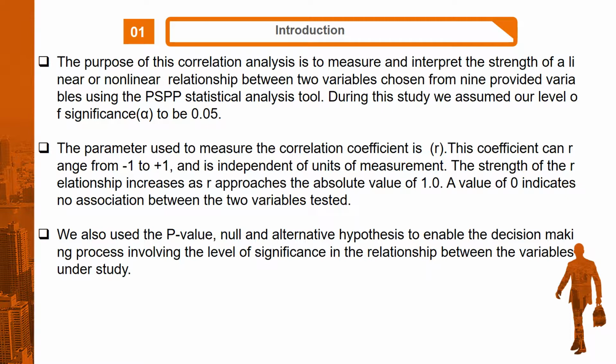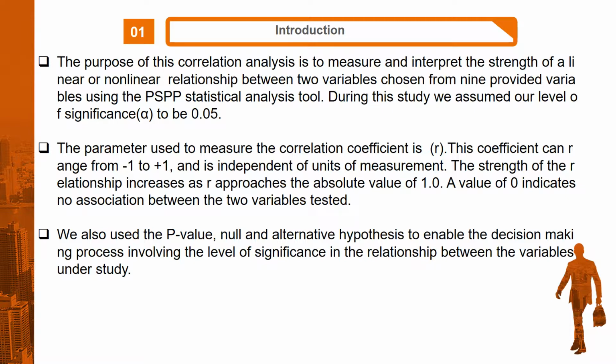That's to say, when our p-value is below our alpha value of 0.05, we'll reject the null hypothesis and accept the alternative hypothesis.